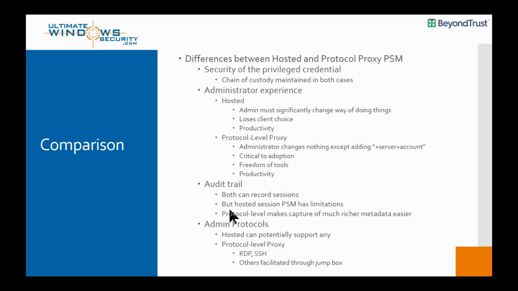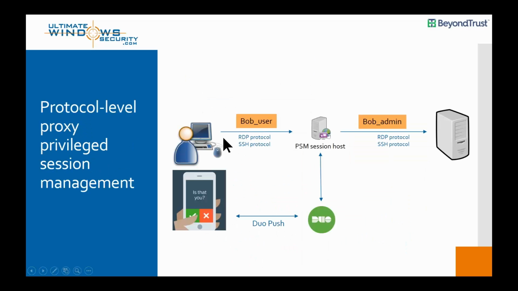But basically, if you're VNCing into a box and then creating another RDP or secure shell session from there, it's not impossible, but it makes it much, much more difficult and complex to capture metadata. Compared to if we've got an RDP session coming in or a secure shell session coming in, we're totally tearing that session down to its component messages and then building it back up again and sending it out.